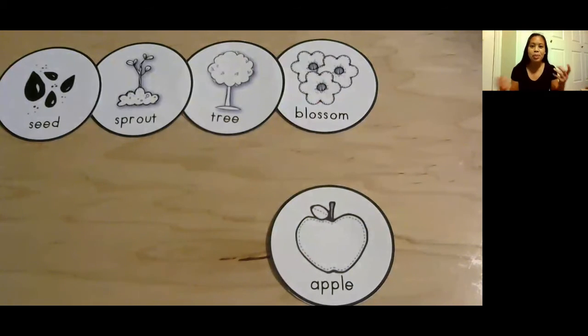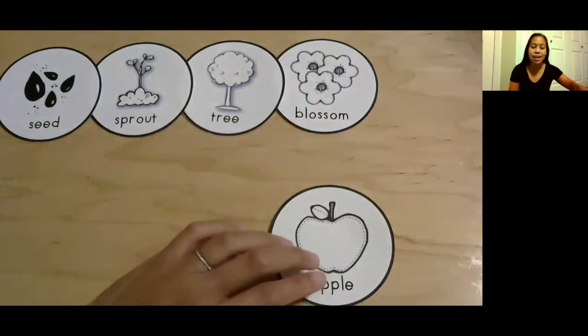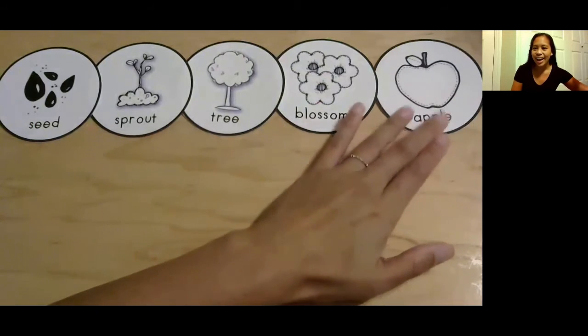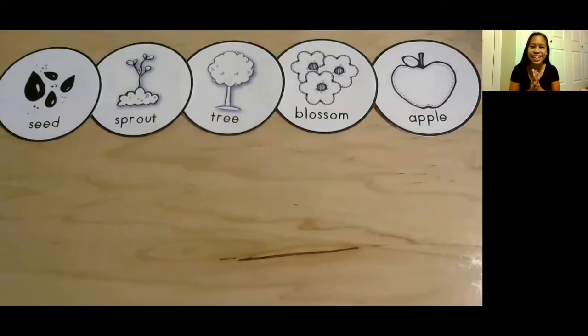So remember, the blossoms die, the flower petals will die and the middle becomes an apple. And what do apples have inside them, inside their core? Seeds, they have seeds in them.